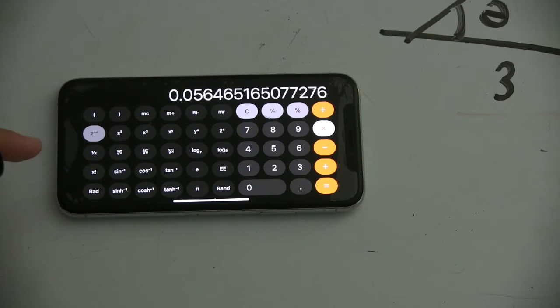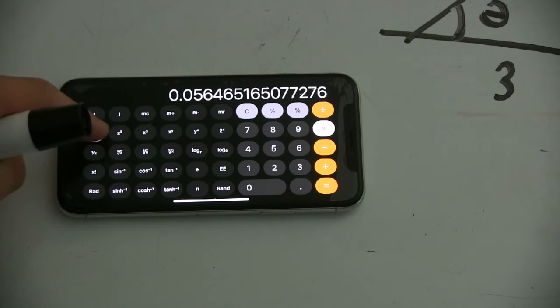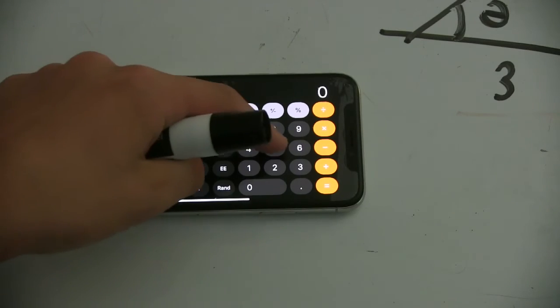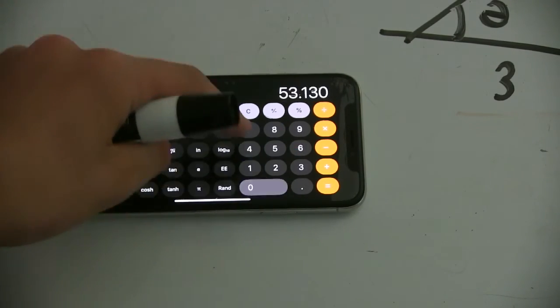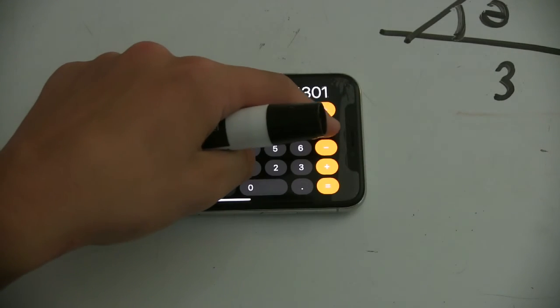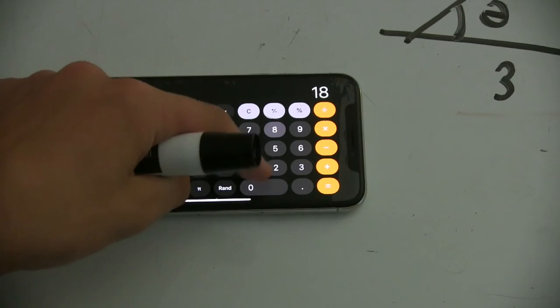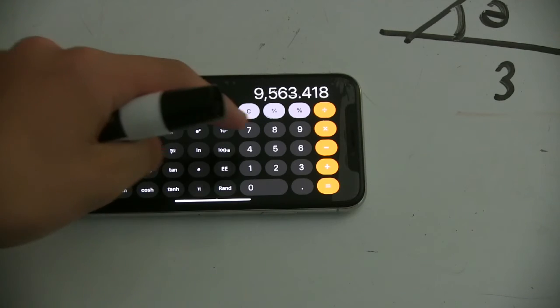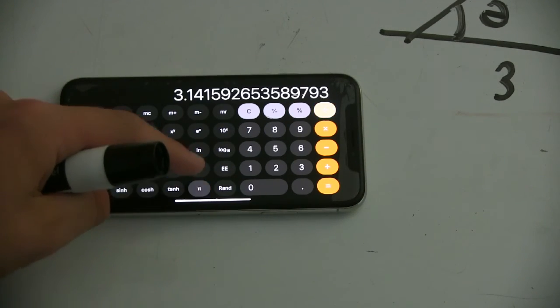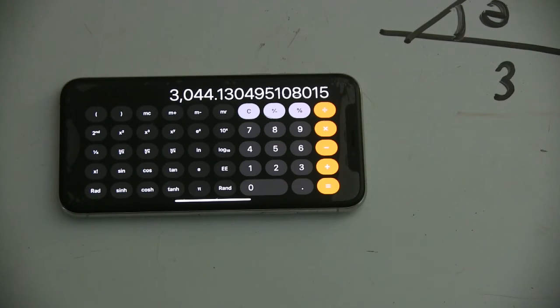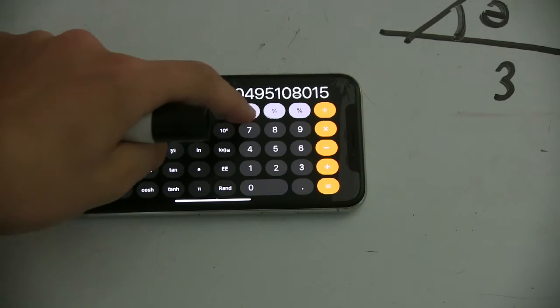I think I messed something up. 53.1301 times 180, and then divided by pi. I think this is already in degrees. Oh yeah, this is already in degrees.